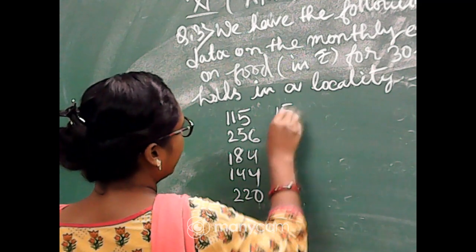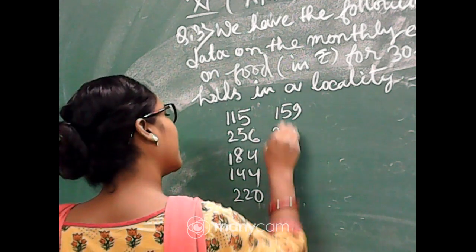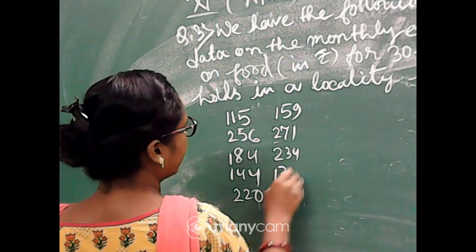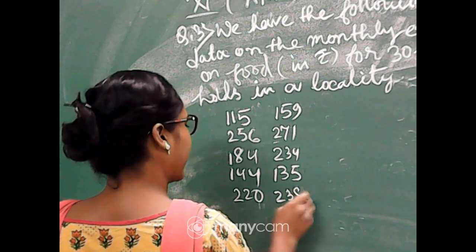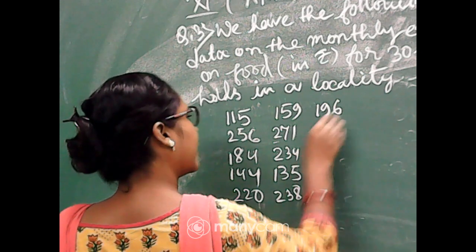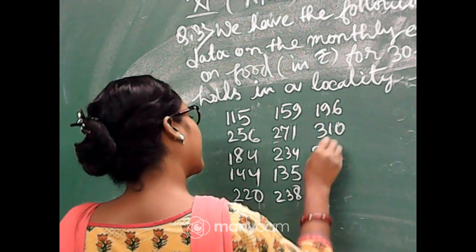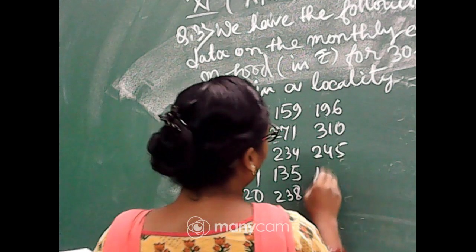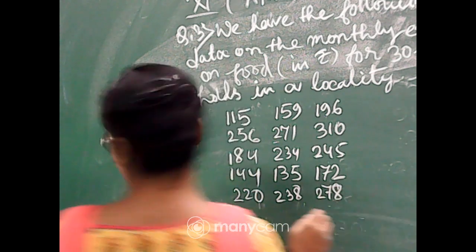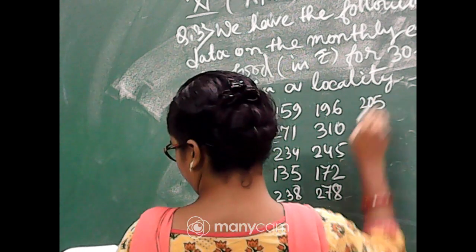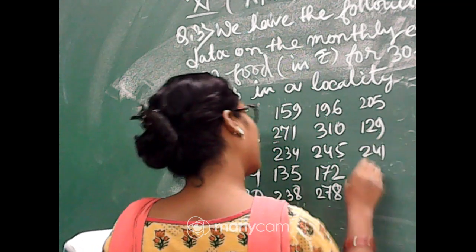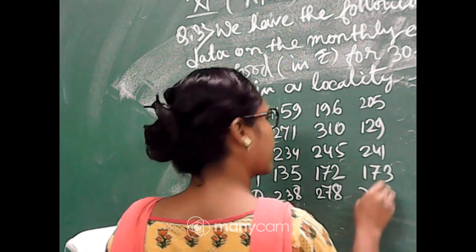Next, 159, 271, 234, 135, 238, 196, 310, 245, 172, 278. Next, 205, 129, 241, 173, 243.